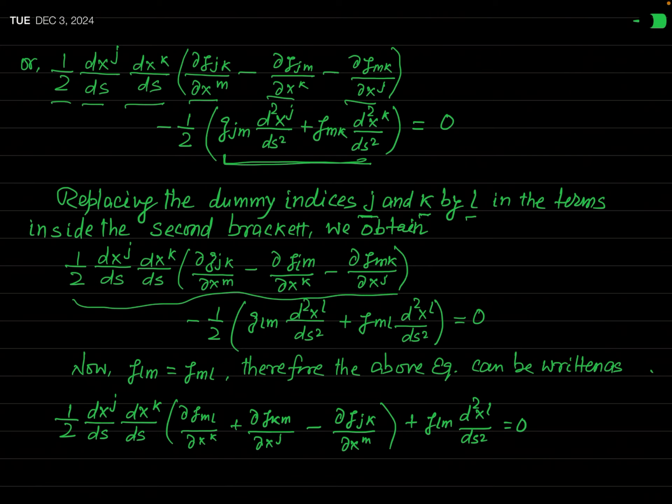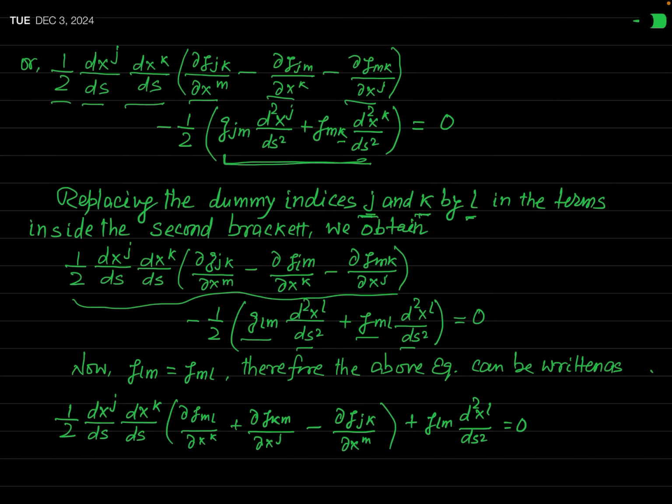And in this second bracket, instead of j we write l, instead of k we again write l. So this will be minus 1/2 g_lm, instead of j now writing l, d²x^l/ds². Instead of j, again l has been written. Here instead of k we write l. So this is g_ml d²x^l/ds², and that will be equal to 0.